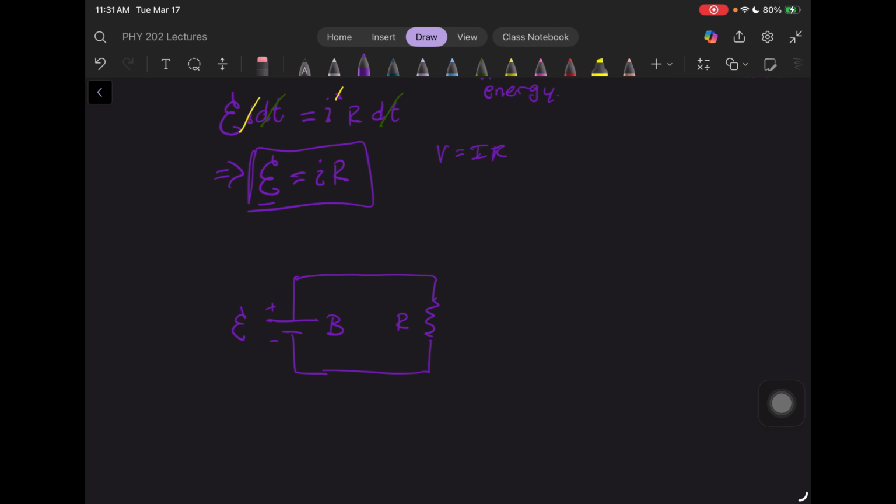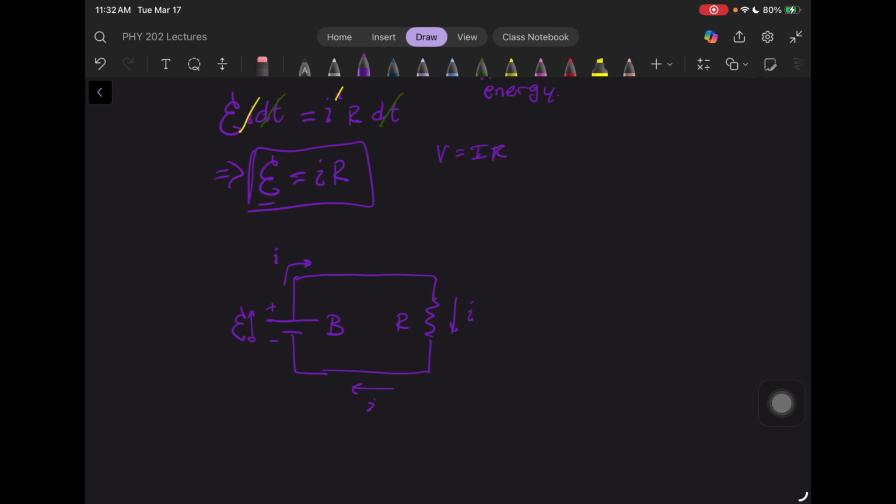And our EMF is going to be incentivizing charge to flow this way. Okay? And so we can have some current I, which from conservation of charge and conservation of current, we know is also flowing through the resistor, and then it also has to be flowing through here, and it goes back into the back of the battery, right? So everything's fine and good.